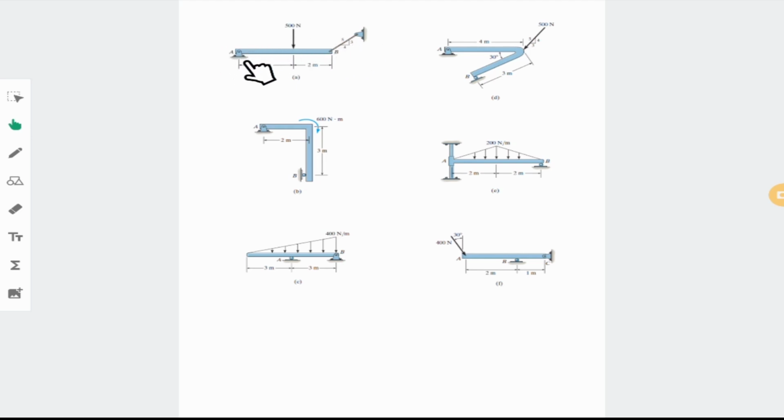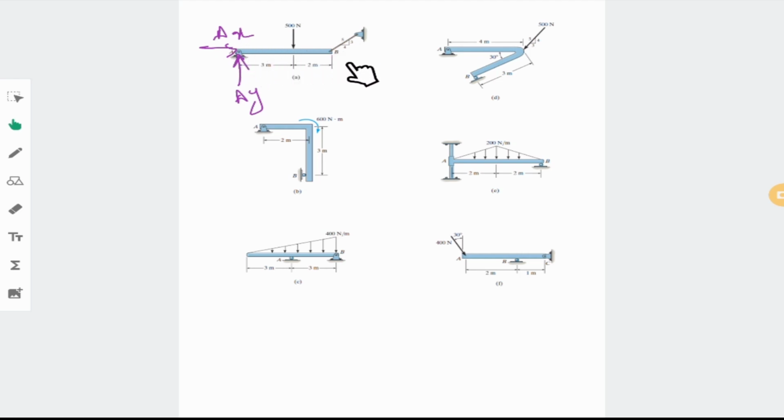We just consider a small part of this, and you would say the hinge generally lets the beam rotate, and that's why it cannot provide any moment, and that's why you just put one force here, AY, and one force here, AX. This is one of the positions that I'm going to do. I'm just getting rid of the hinge to do the free body diagram of this AB beam.